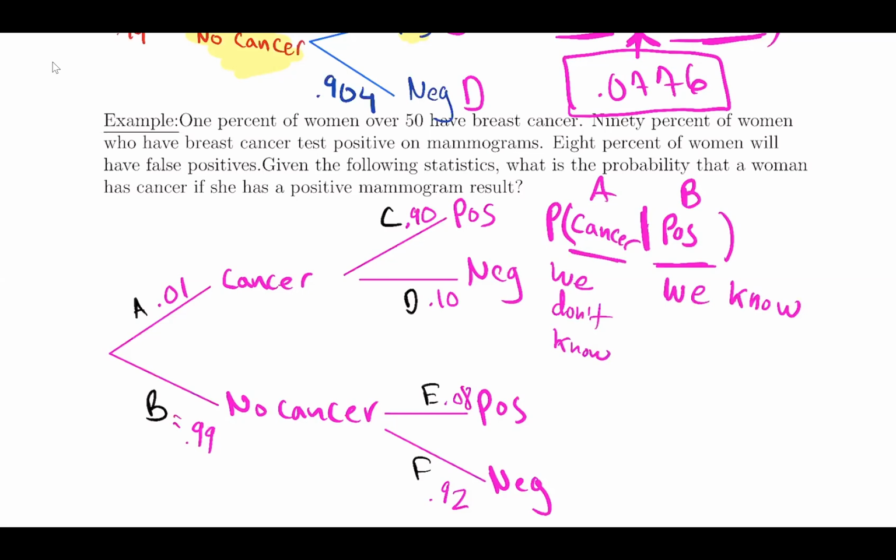So for cancer, it says find the probability they have cancer, so we don't know the chance that they have cancer. But for B, we already know they tested positive because they tell us she has a positive mammogram. That's why after the vertical line should be positive, and before the vertical line should be cancer. Any question in regard to that?